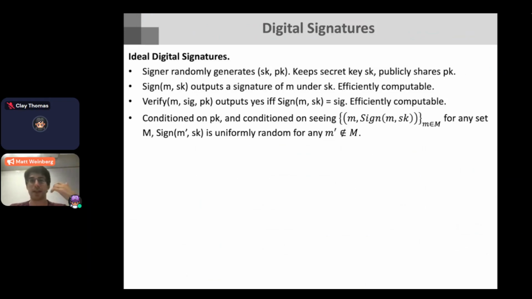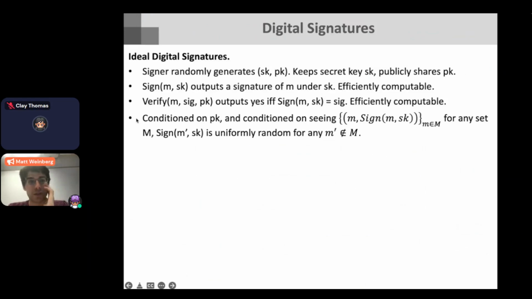They keep their secret key and they share their public key. They have this function sign that takes a message and outputs a signature using their secret key. There's this public function verify that takes as input M, a claimed signature, and the public key, and outputs yes if and only if sig is a proper signature.